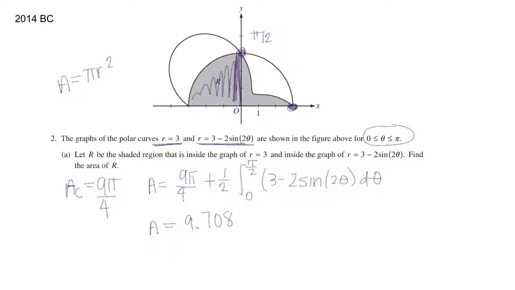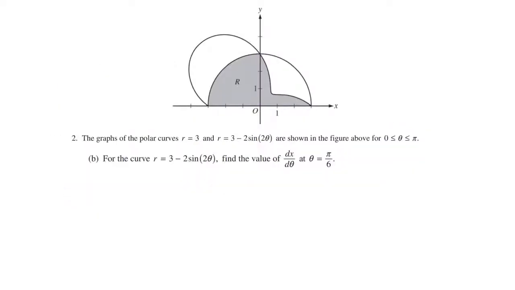Okay, so hopefully we're getting pretty good with these types of problems. For part B, we need to find the value of dx d theta when theta equals pi over 6. We're given this curve here, but we need dx d theta, so we need to do some converting. Remember that our conversion is x equals r cosine theta.